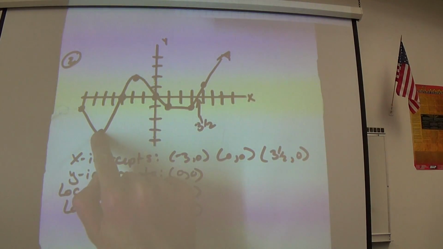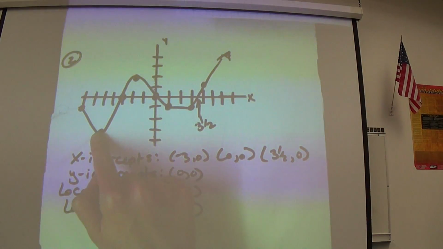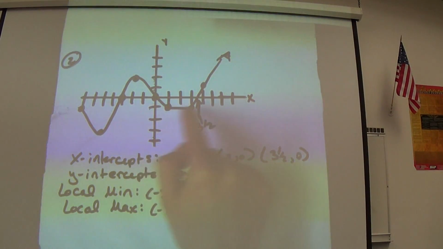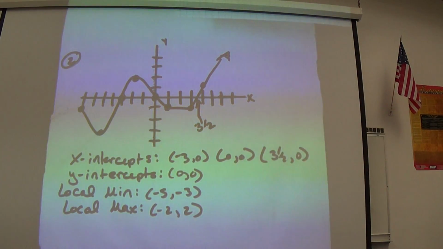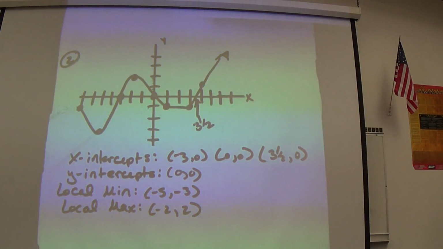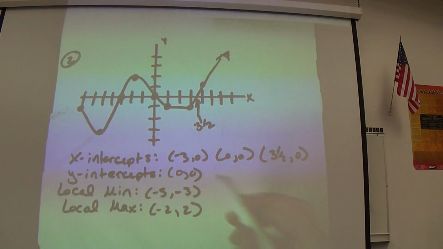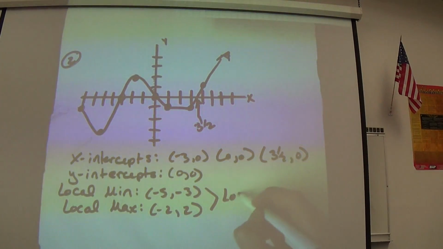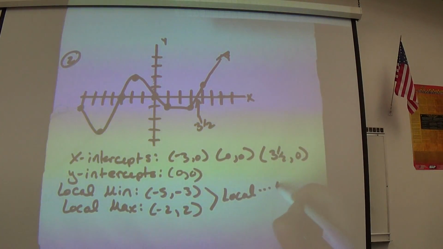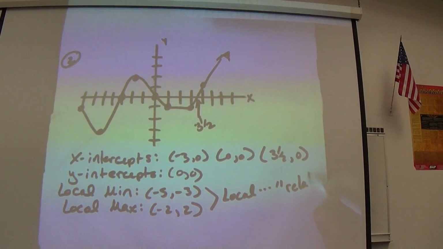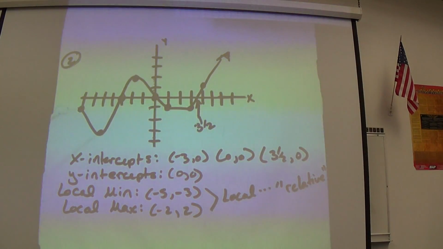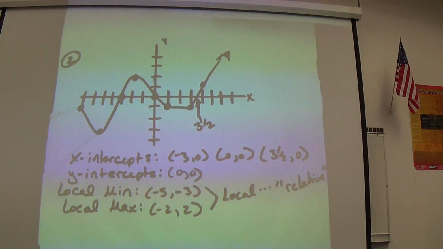I don't have an absolutely smallest point in that slot. So that would not be one either. Make sense? The other names for these, instead of saying local, they can say relative. Relative min and relative max.